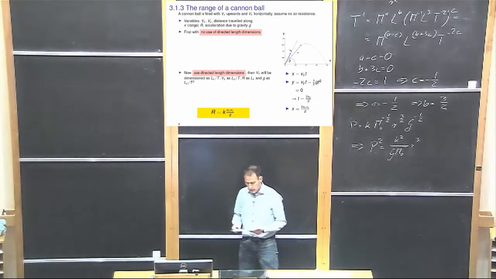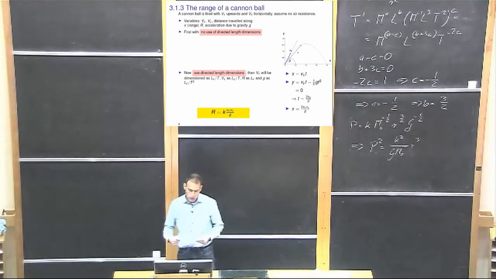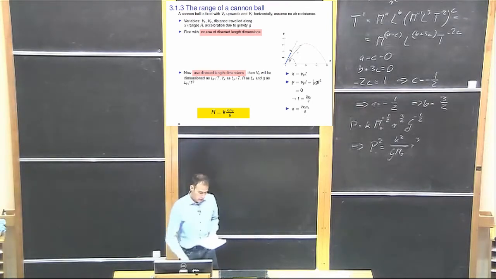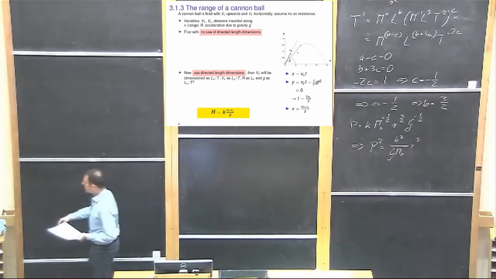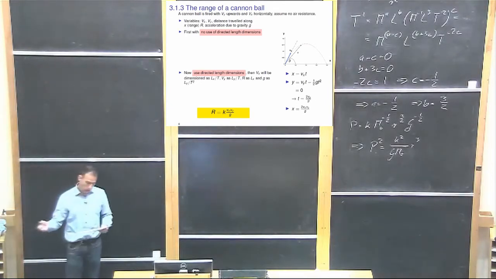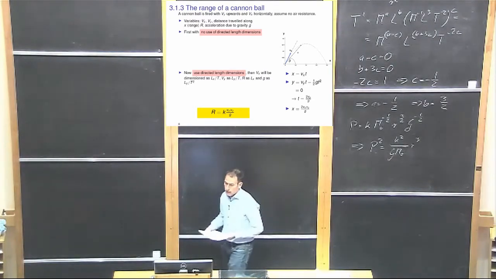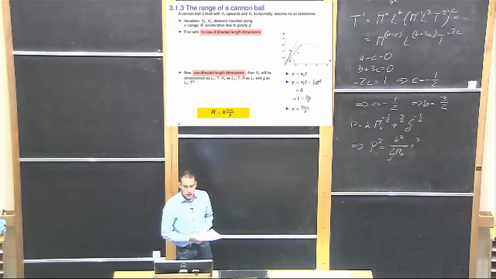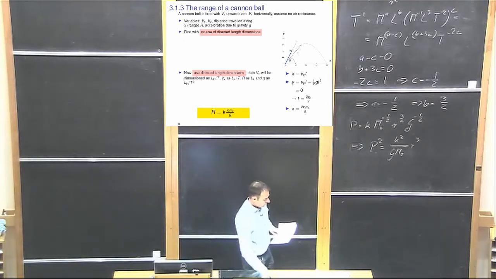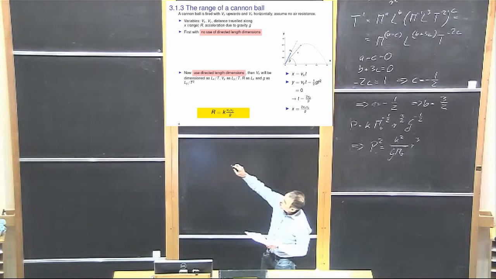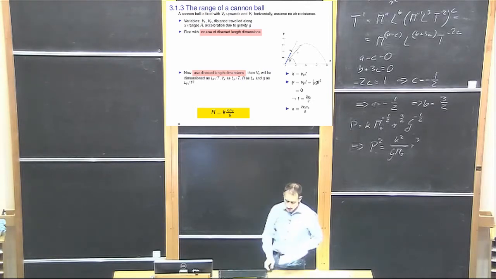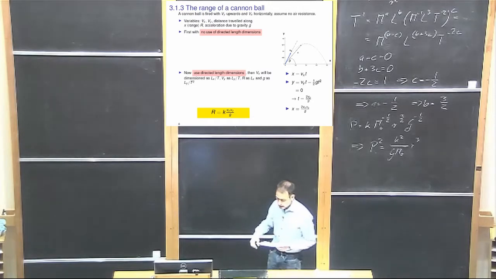Now, let's revisit the trajectory with which we finished last lecture, and which I had to rush, unfortunately, a little bit. Timing should be better today. So, a cannonball is fired up with two velocities, Vx and Vy, distance traveling along the x as our range R, acceleration due to gravity pointing downwards is g.